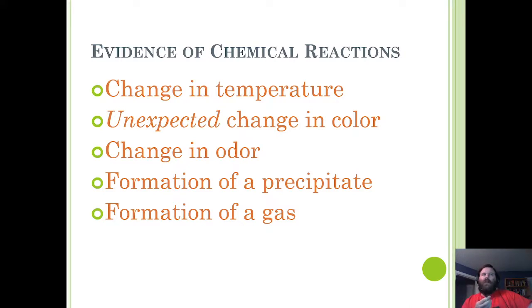An unexpected change in color, a change in odor, formation of a precipitate, or formation of a gas. And once again, formation of a precipitate means it's when you pour two liquids together and solid stuff suddenly forms in the solution that you have, and usually settles down to the bottom of whatever reaction vessel you're using.